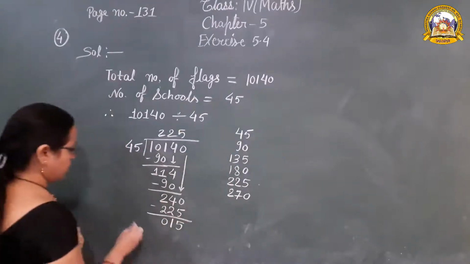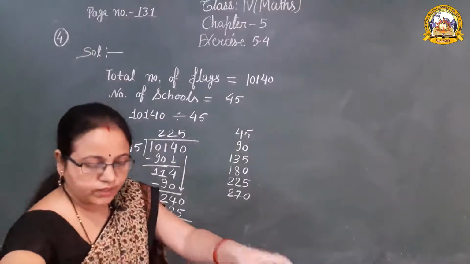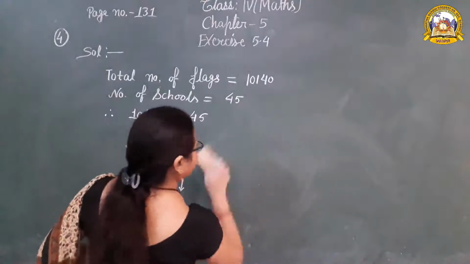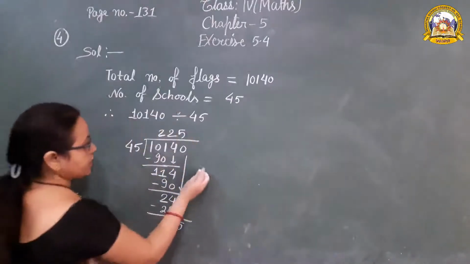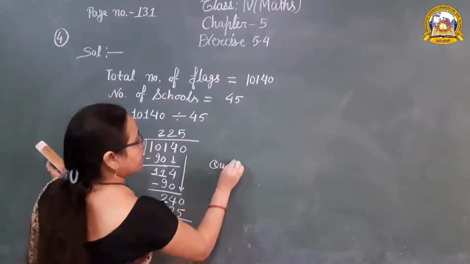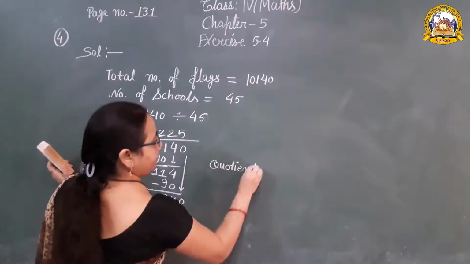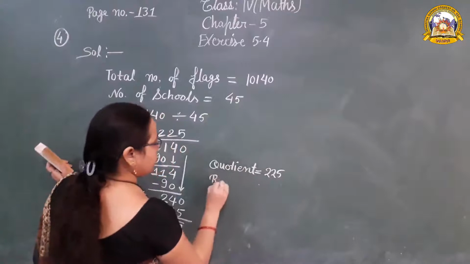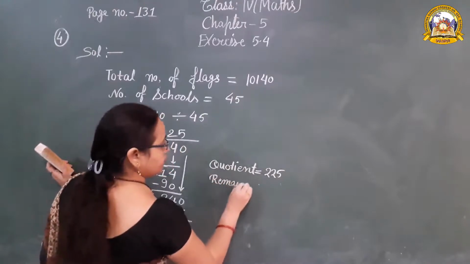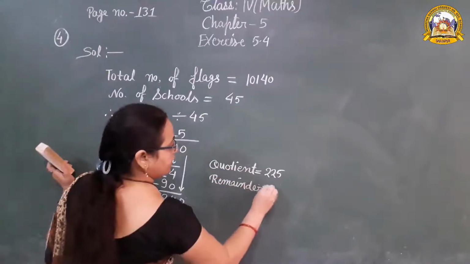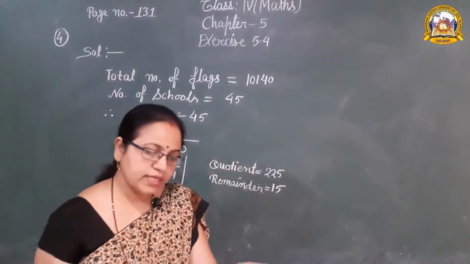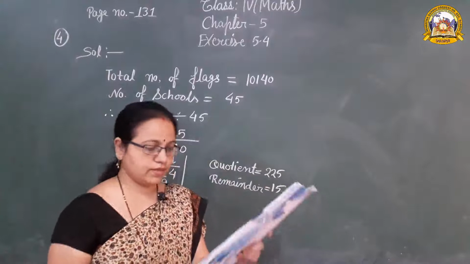Okay, so the quotient is equal to 225 and the remainder is 15. In that question two answers are asked.